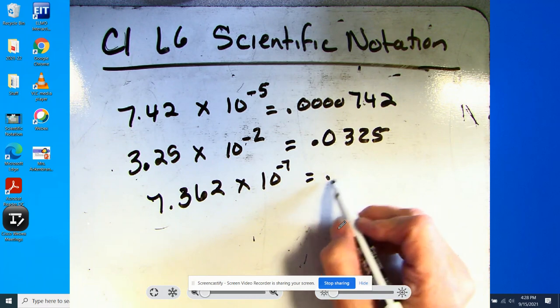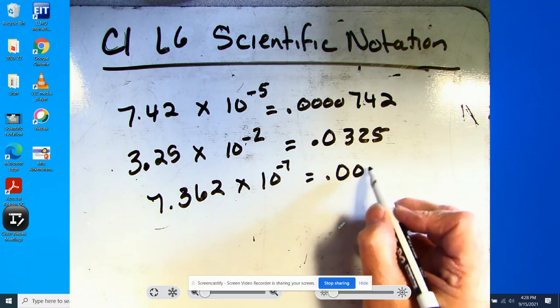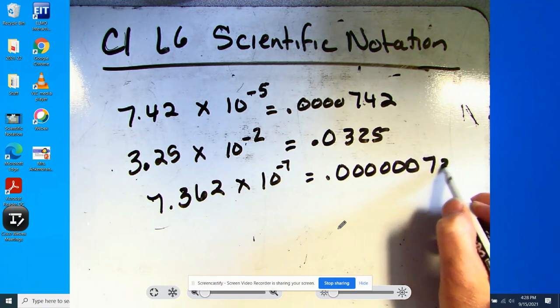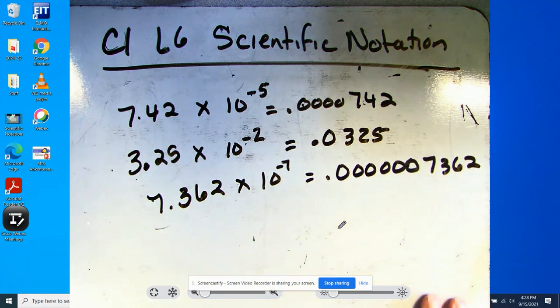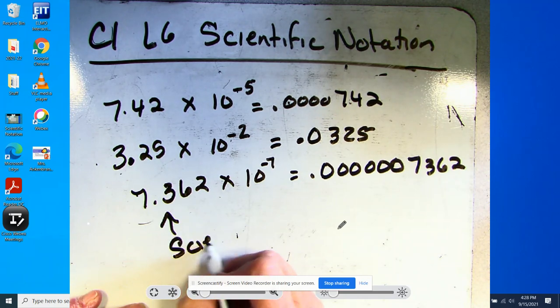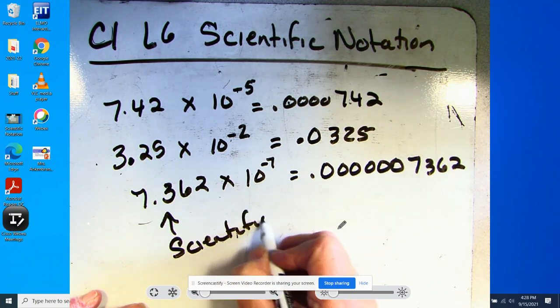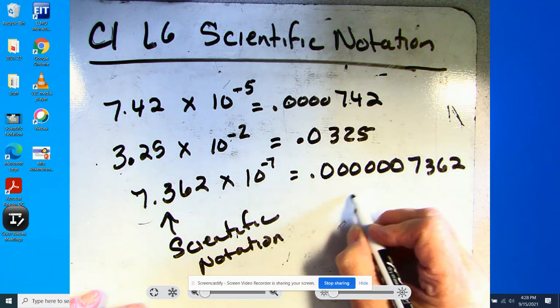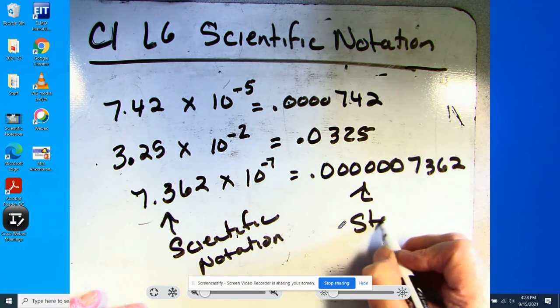So this is going to be 0.1, 2, 3, 4, 5, 6, and then the 7362 to finish off the number. This is how you take a number in scientific notation and put it here in standard form.